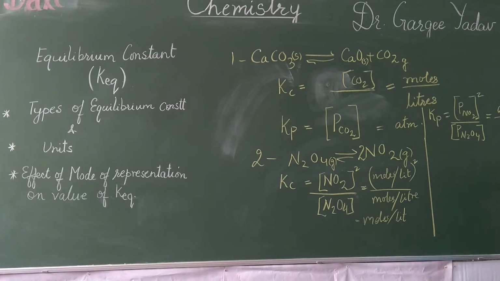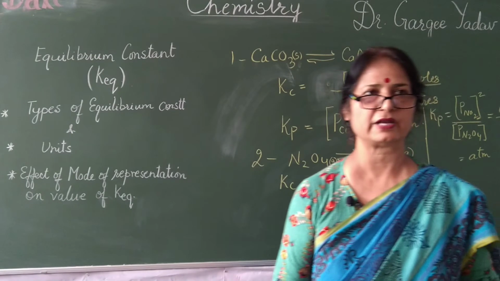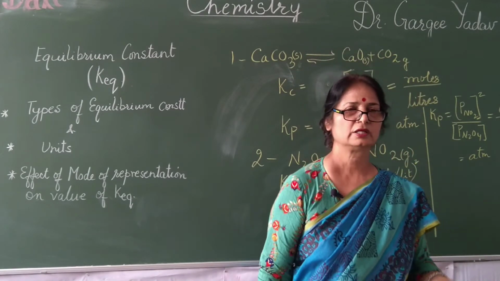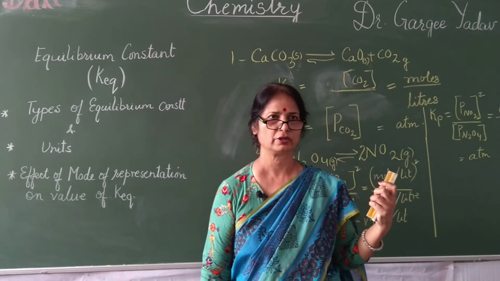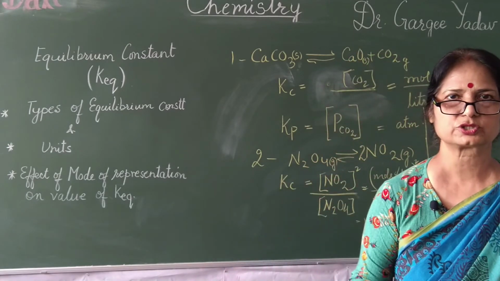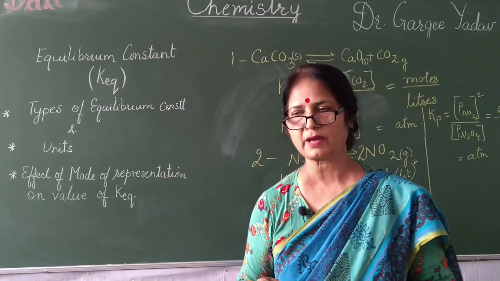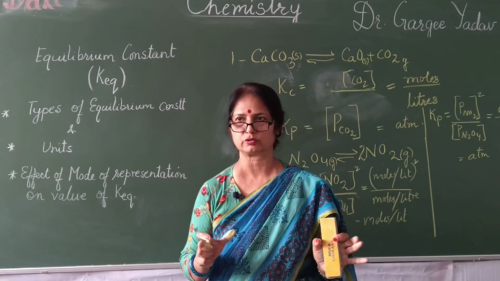One of them will get cancelled out and what remains is atmospheres. In this way you can calculate the units for Kp and Kc whenever you are given a problem. This was just for that explanation only. Now I will elaborate the solid and liquid concept more by taking another example. This time I am taking an example of a physical equilibrium.